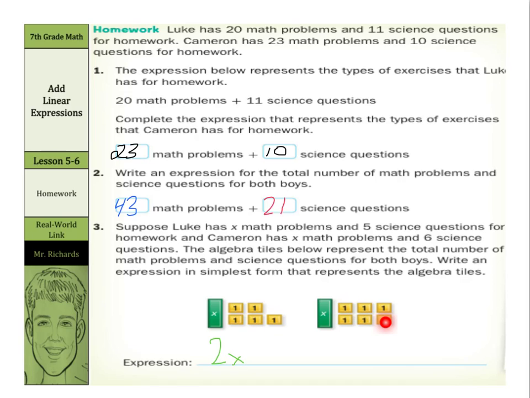Well, we have 5, 6, 7, 8, 9, 10, 11, or 5 plus 6 is 11. And so to rewrite that to make sure we can see that, I tried to write it in the color, but not sure if that came across there. That's 2x plus 11. Now this isn't 13x. It's simply 2x plus 11. Let's continue on.